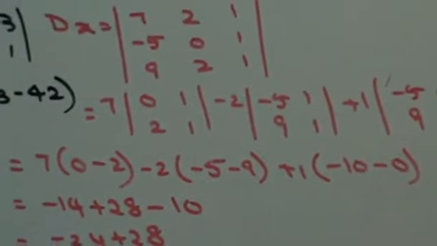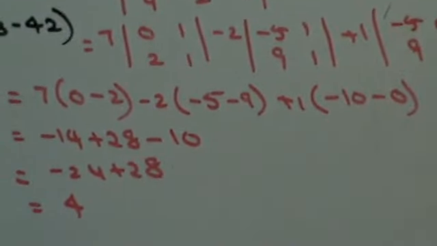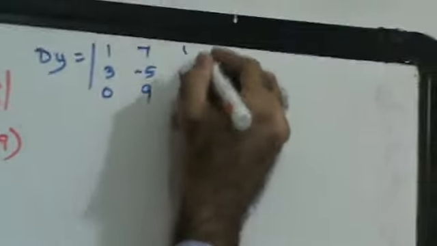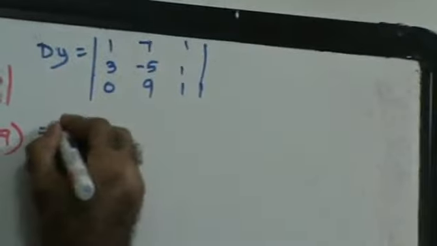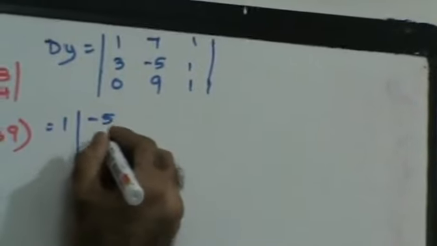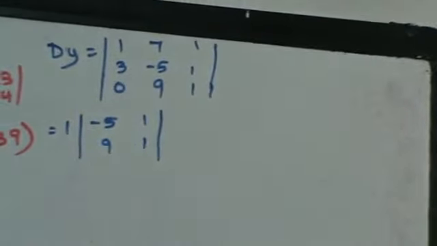Once I have dx, then I can similarly find out dy. How do I find out dy? In the determinant d, substitute the coefficients of y with the right hand side. So this is going to be 1, 3, 0, 7 minus 5, 9 and 1, 1, 1. This is 1. If I write 1 here, this is minus 5, 9, 1, 1. Right?